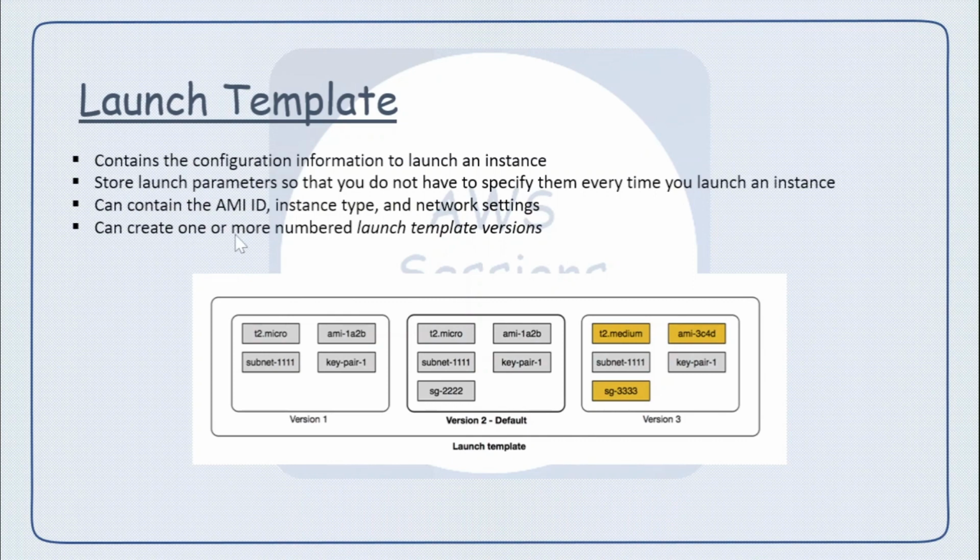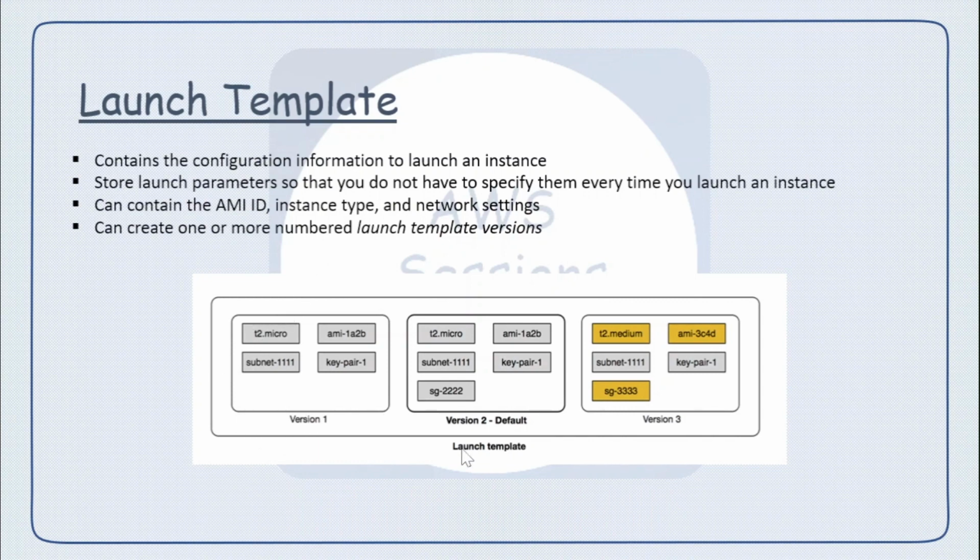You can create one or more launch template versions. Suppose you created a launch template that is using a particular instance type. That will be called version 1. Now you want the same launch template to have a different instance type. So you create another version of that launch template and that will be the next version.